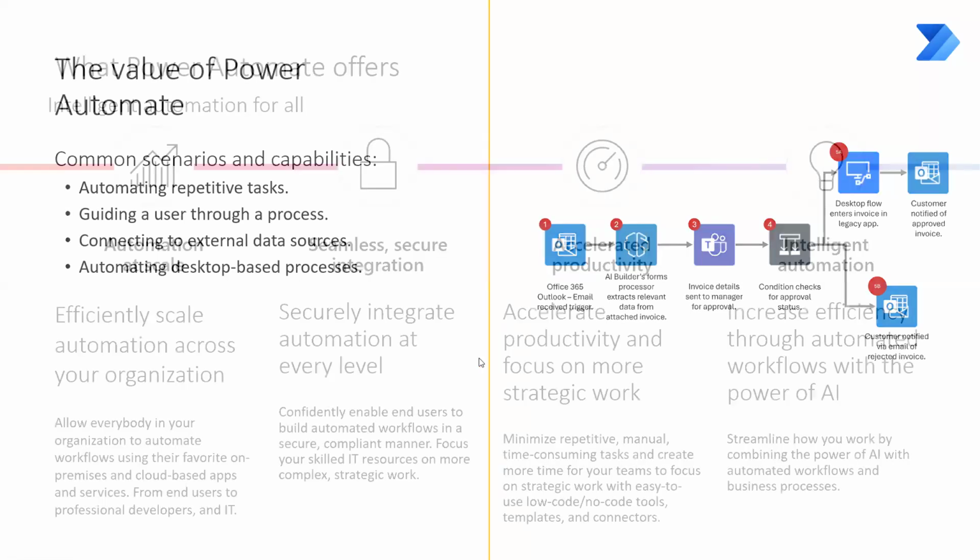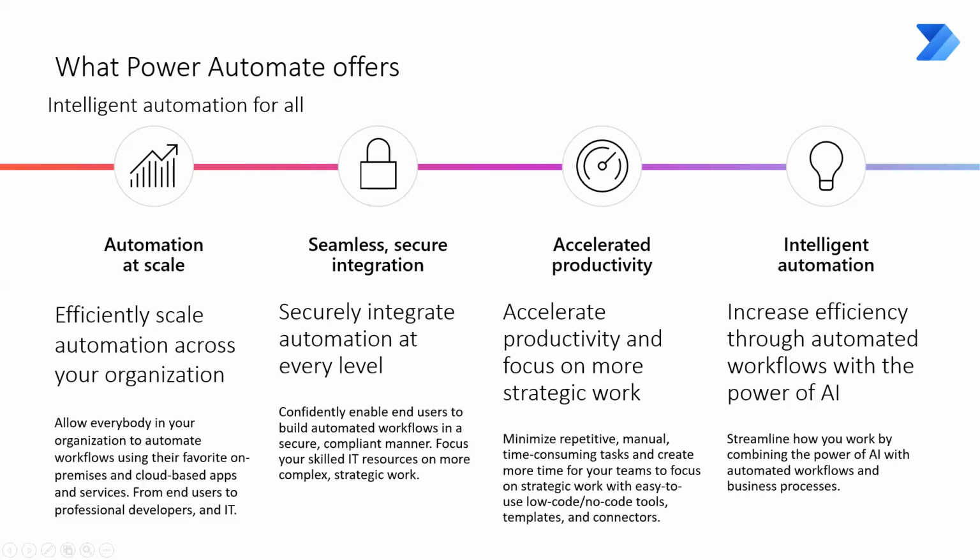Now, in terms of a few capabilities, manual, repetitive, and error-prone tasks are a drag on the strategic thinking which is needed to drive the entire business forward, right? To improve your business processes, an organization would always need an efficient way to scale your automation across the entire organization.